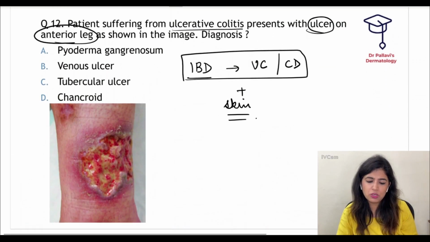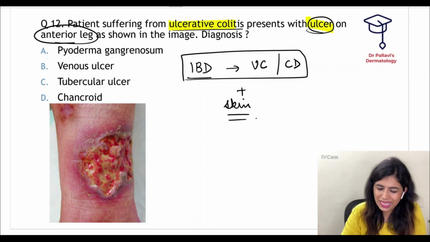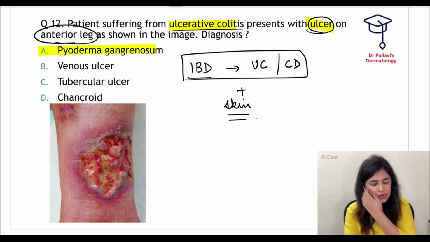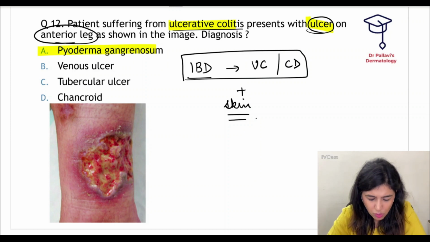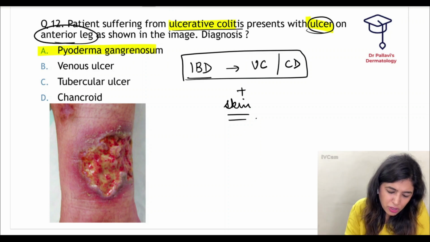Now coming back to our question here, there is an inflammatory bowel disease associated with an ulcer. Even without looking at the image, I can tell you the diagnosis, that is pyoderma gangrenosum. When you look at the image, all classical features, a violaceous margin and undermined edge, are visible. What about the other options?